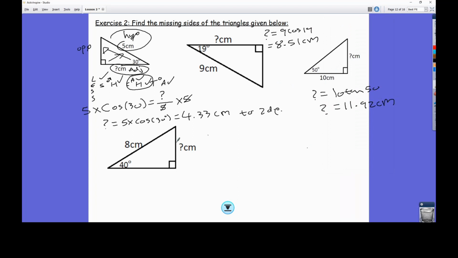And then the last one we get sine 40 is equal to, times sine.